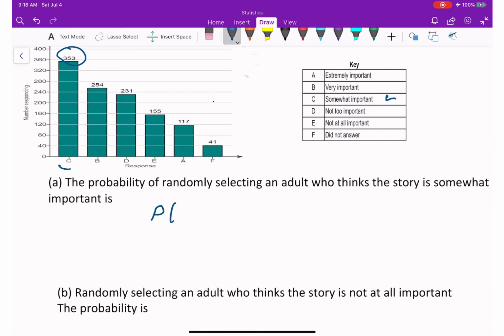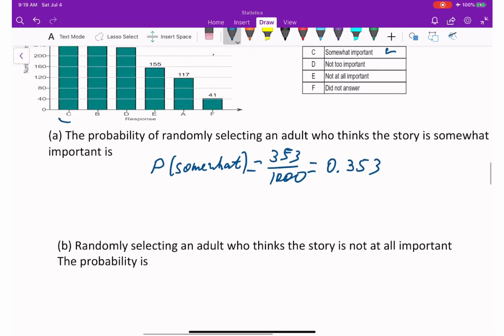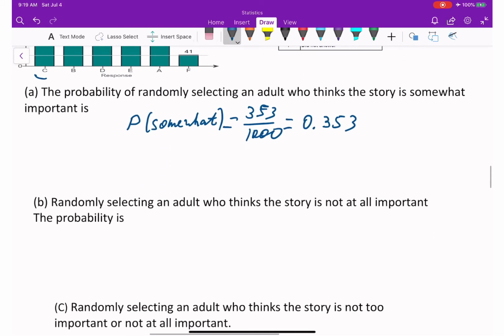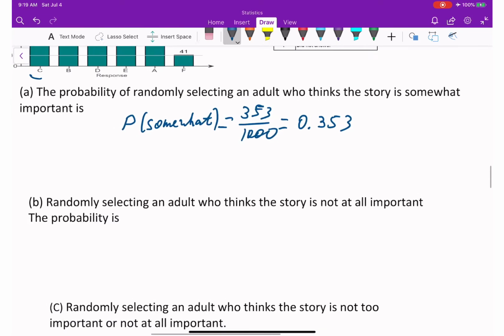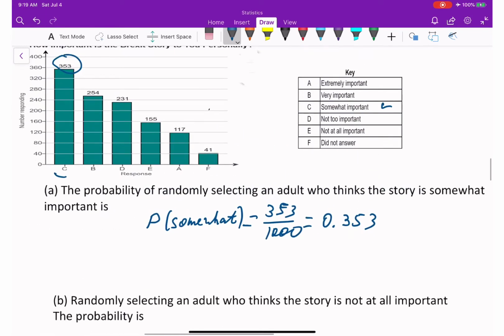So the probability of somewhat important is equal to 353 over 1,000. This is 0.353. Next, randomly selecting an adult who thinks the story is not important at all. Where is not important at all?